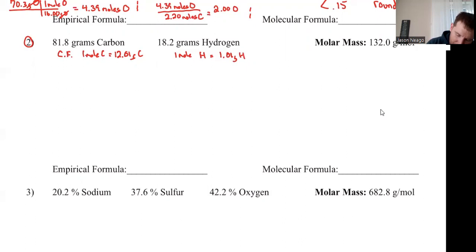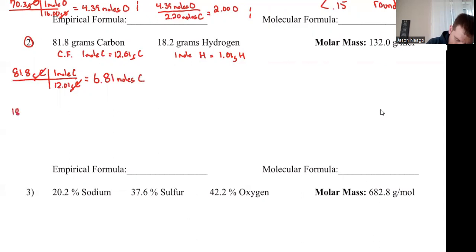So step number 1, I'm going to convert to moles. 81.8 grams of carbon multiplied by my conversion factor. So I have 1 mole of carbon on the top, 12.01 grams of carbon on the bottom. Grams of carbon cancel out. 81.8 divided by 12.01 gives me 6.81 moles.